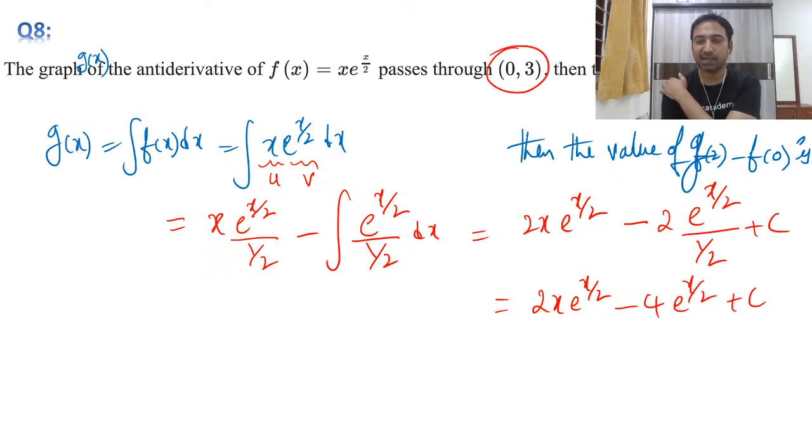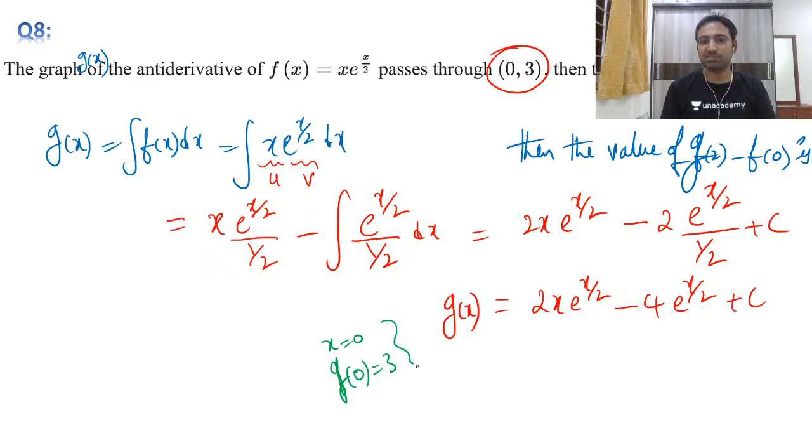But he is saying it passes through 0 comma 3, guys. If you substitute x equals 0 and g of 0 equals 3, tell me guys, what do we get?